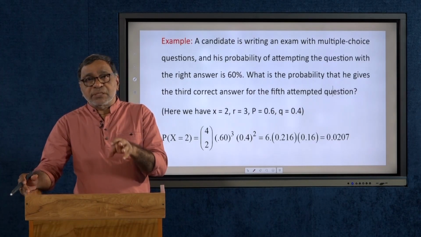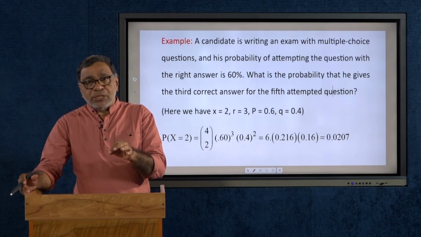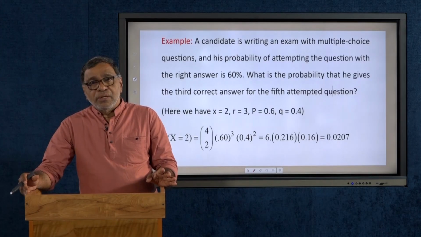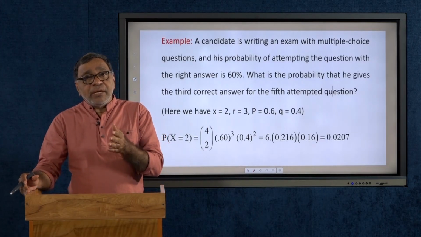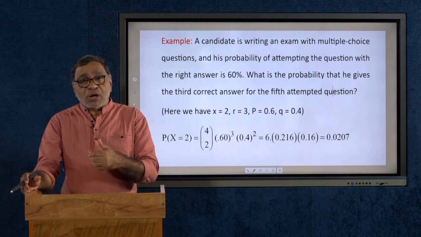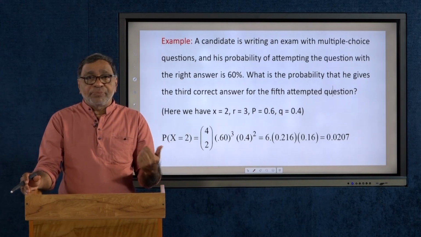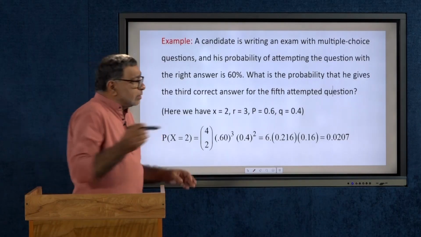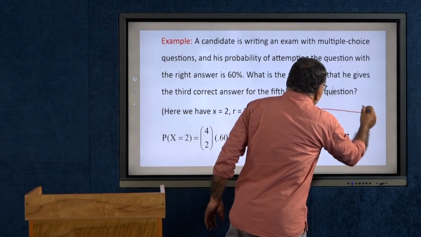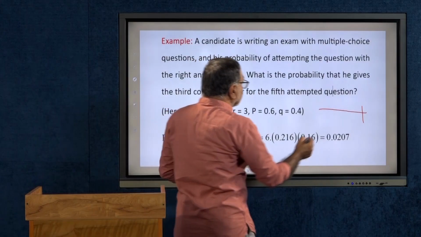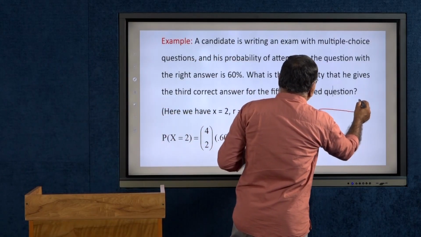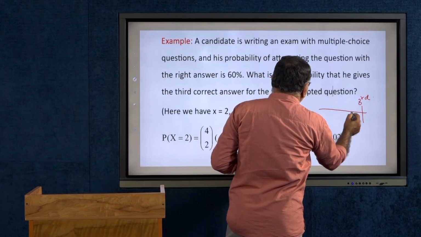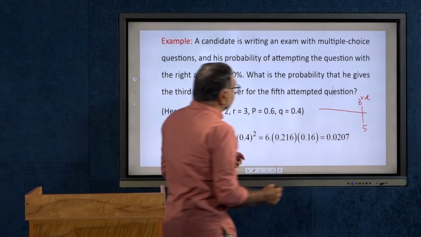Our success is fixed. What is the probability that he gives the third correct answer? So R is fixed as 3. And that should be in the fifth attempted question. That is, how many failures before that? 2 failures. The fifth attempted question is actually the third success.